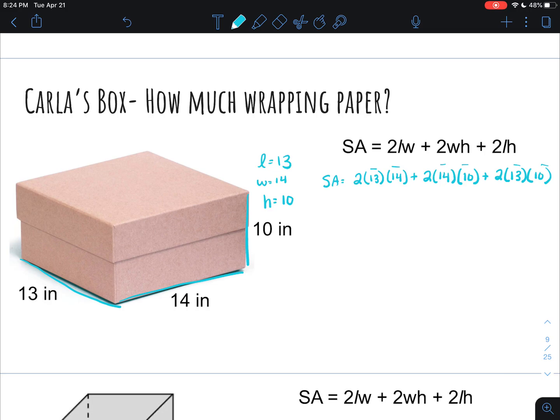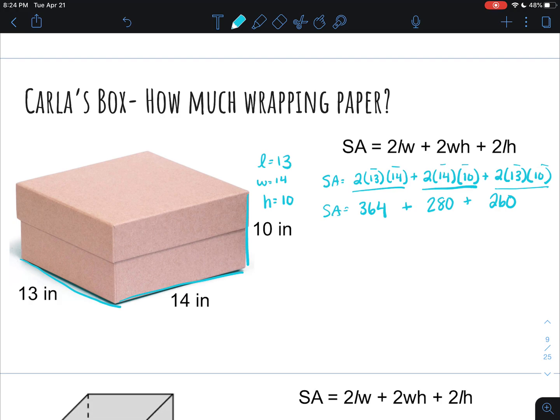So we're going to go and multiply before we add. So 2 times 13 times 14, 364. Then we're going to do 2 times 14 times 10, 280. 2 times 13 times 10 is 260.